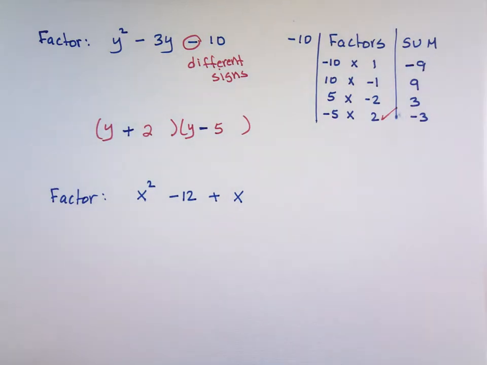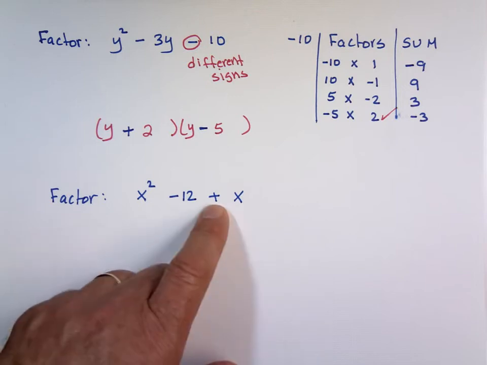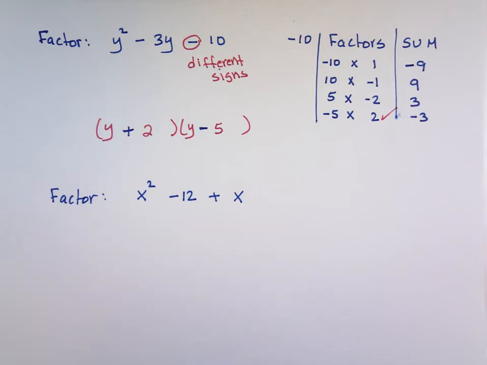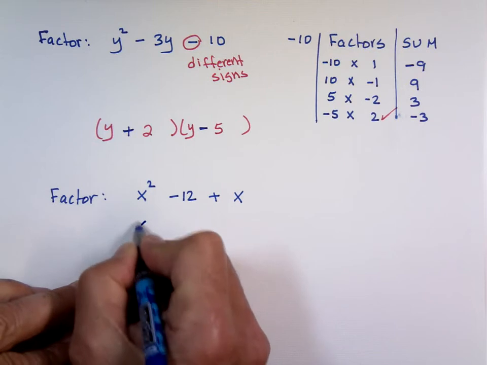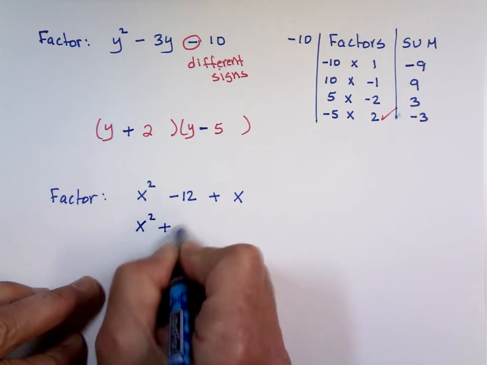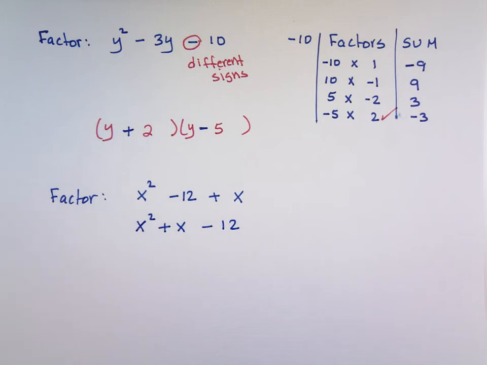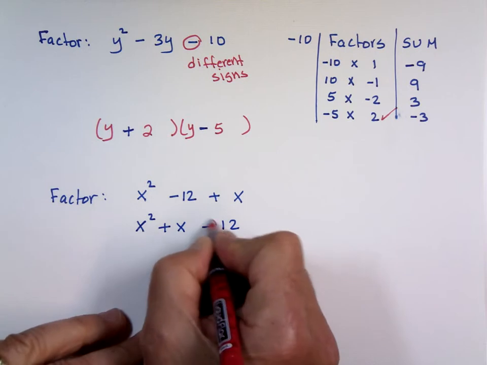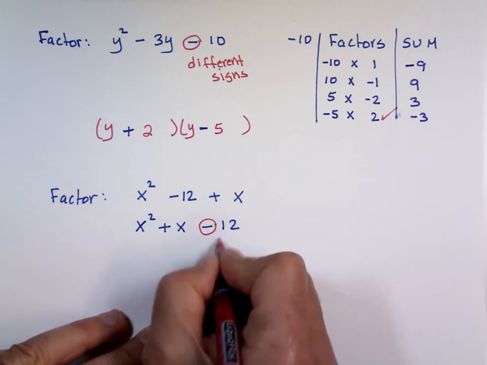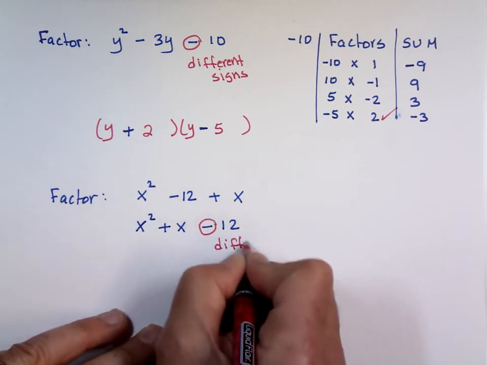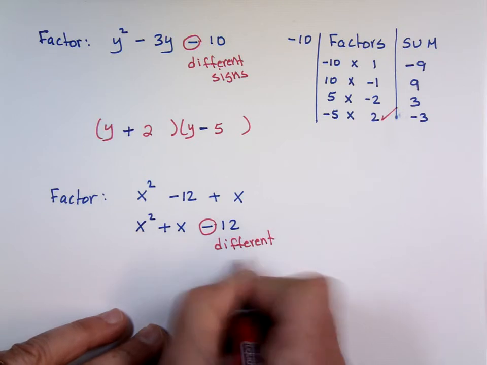Because initially when you look at it, you go, why is this problem in this section? That's a plus. But when you rewrite the problem in descending power, oh, that is a minus. That's what we've been talking about. When this sign is minus, that tells me we have different signs. I keep writing that just to remind you.